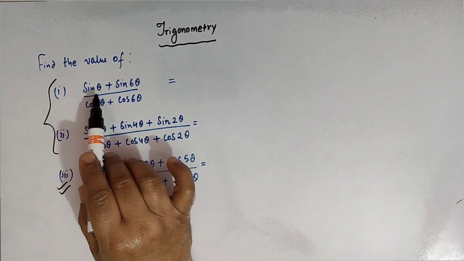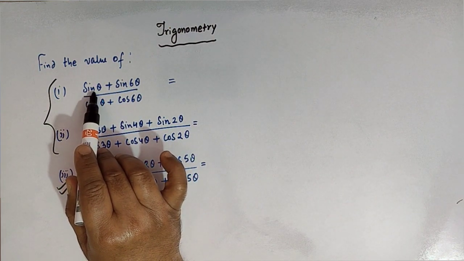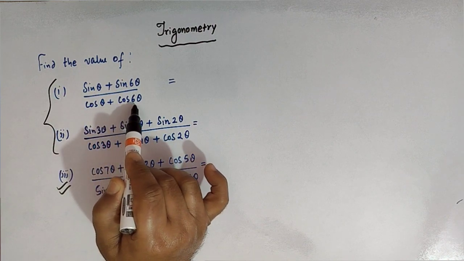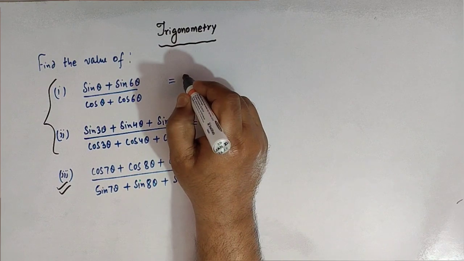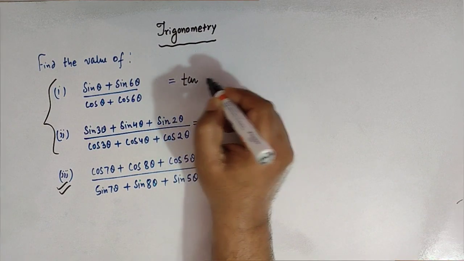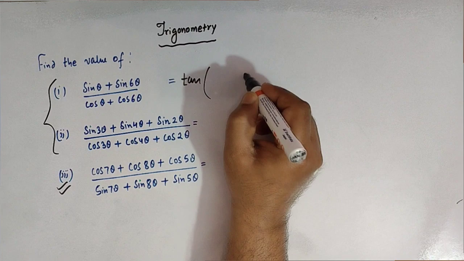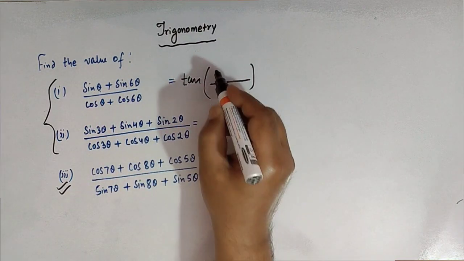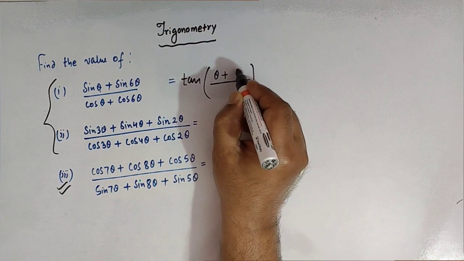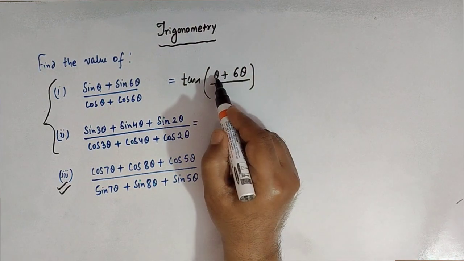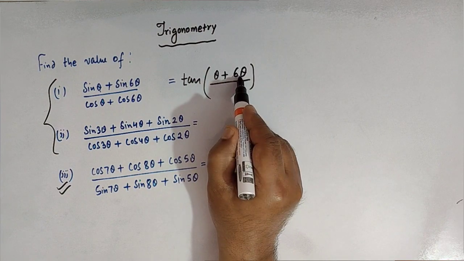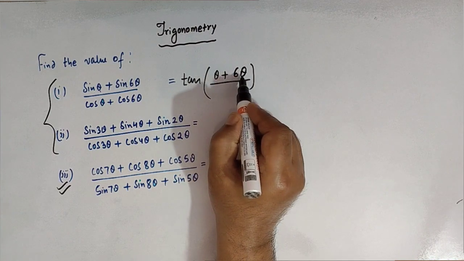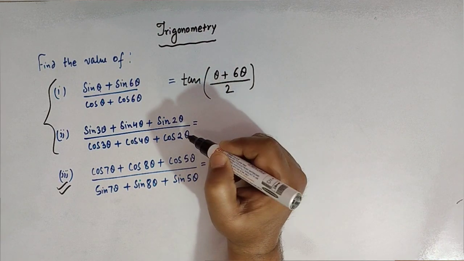So see, whenever we have sine theta plus sine 6 theta divided by cos theta plus cosine of 6 theta, what we do is we write the tan function here, and we add these two angles, theta and 6 theta, right? And since we have two angles, or two terms, we divide the sum of theta and 6 theta by 2, right?